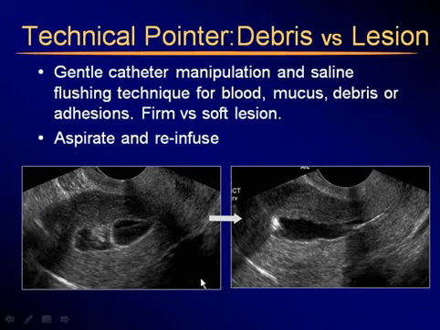We can aspirate the contents and then reinfuse and help break it up. As this happened in this case, this was the balloon, and there was this fluffy soft tissue material on top, and we flushed, reinfused, aspirated, and when we pulled back the balloon, the cavity was then clean. So we flushed it out.